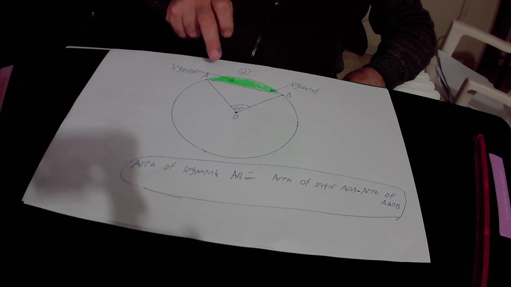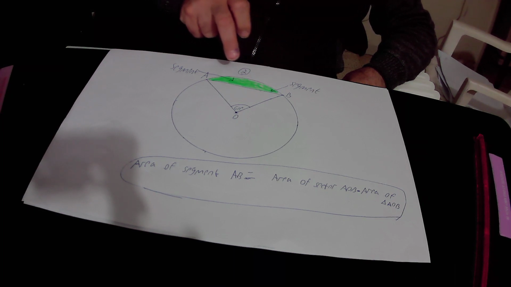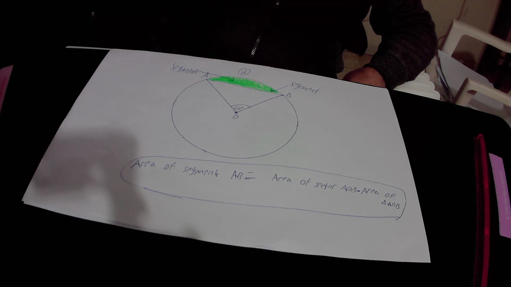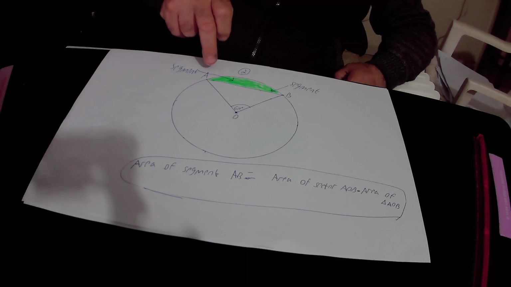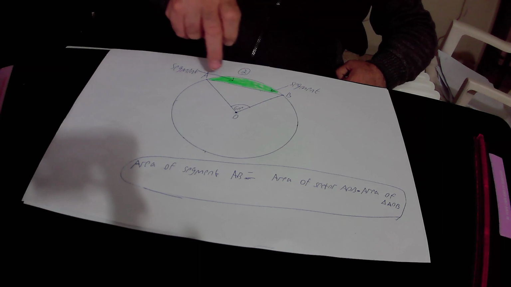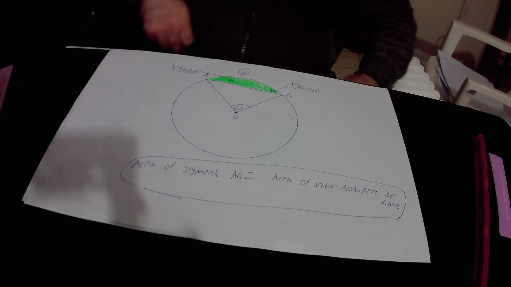Okay, so segment AB is this green area, and it is the area that is bounded by the arc and the chord that is attached to this arc. So it is the area that is bounded by arc AB and chord AB that is actually attached to this arc AB.